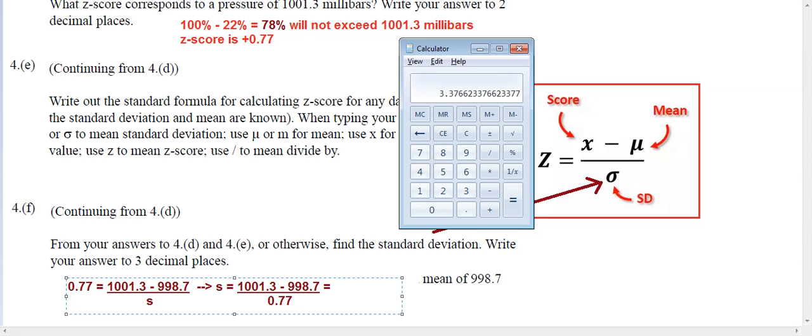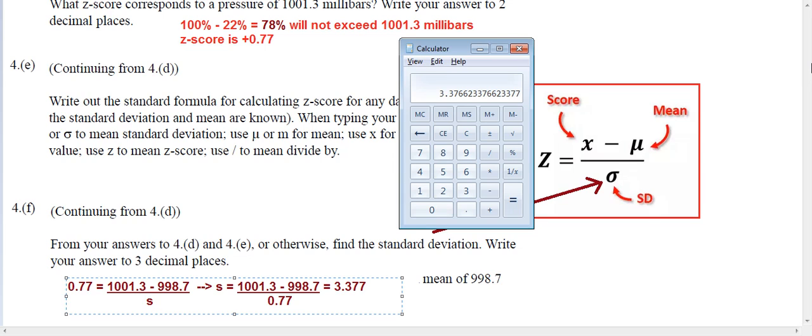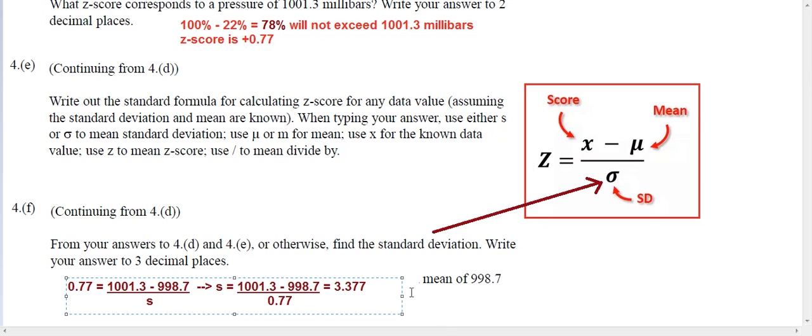So my standard deviation to 3 decimal places is going to be 3.377, because I'm rounding since the next digit is 6. This is going to be our standard deviation, in millibars, the same unit of millibars.